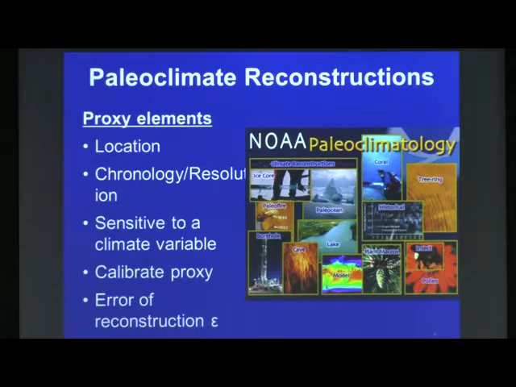We also need a way to establish time, or chronology, in the record. We also need some sort of resolution: what is that sample-to-sample time step? We also want a proxy record that's sensitive to some climate variable, whether it's temperature or precipitation.